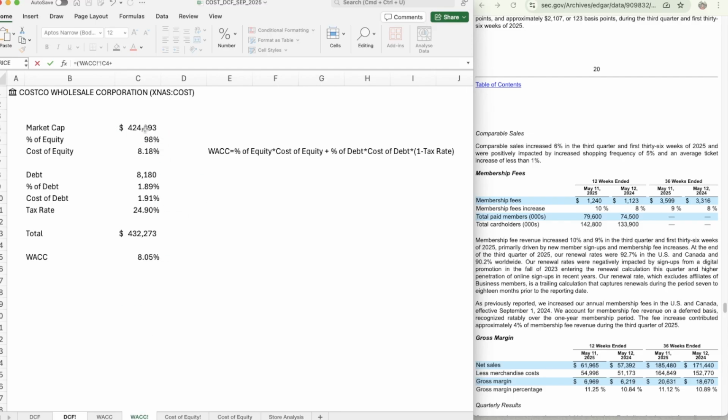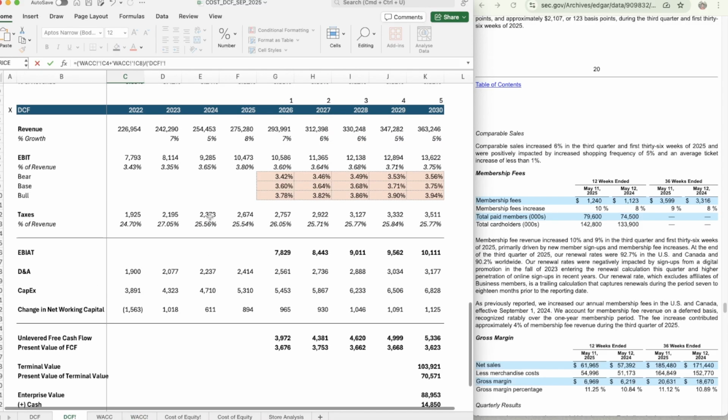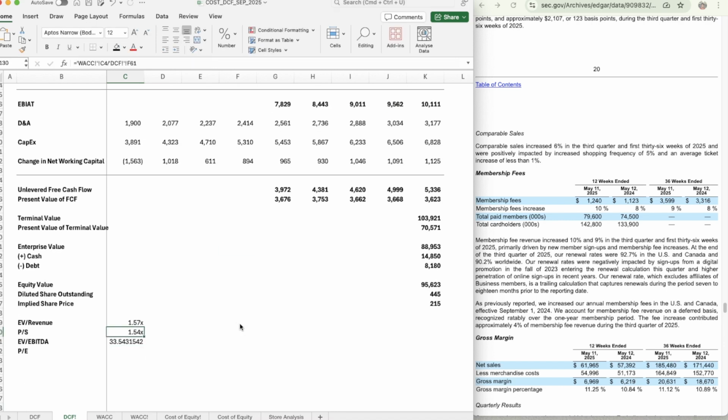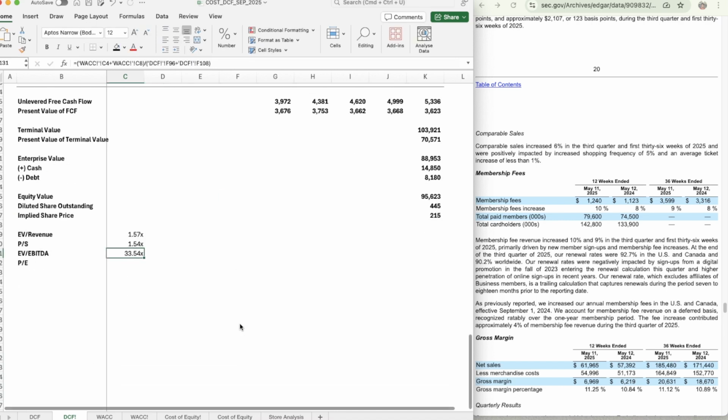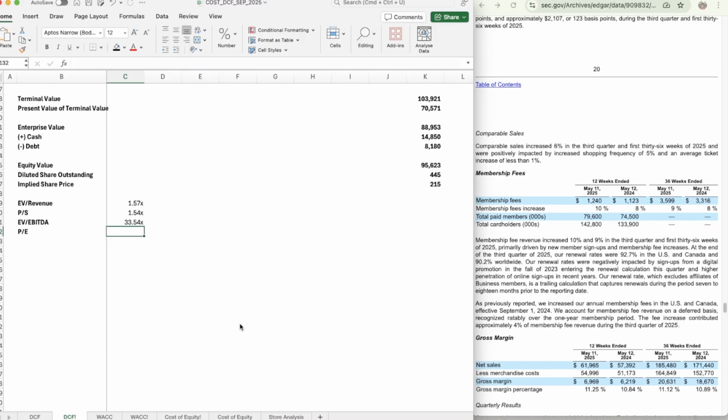The market cap plus the debt again, divided, come back onto the DCF, the EBIT plus the depreciation and amortization. So, oh, sorry, there we go. So it's trading at 33.54 times EV to EBITDA, which is huge.